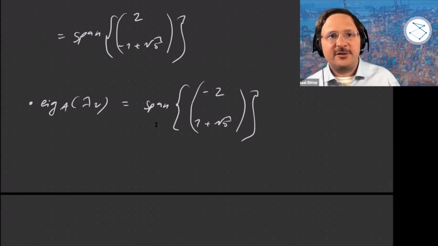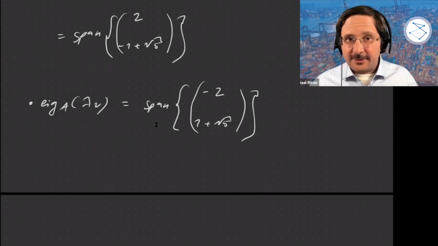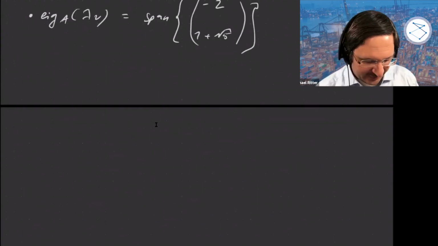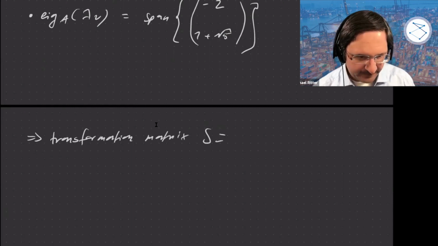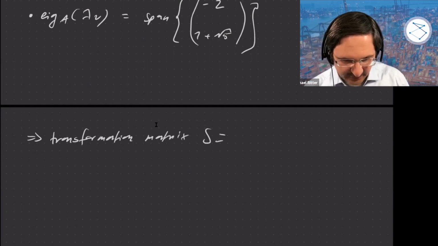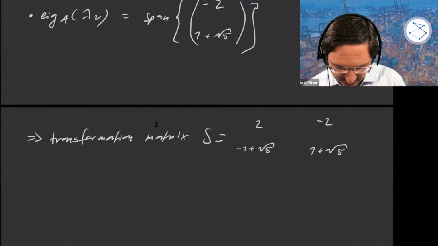So this is the eigenspace for lambda 2. And that means my transformation matrix, let's call it S, is given by 2, minus 1 plus square root of 5 and minus 2, 1 plus square root of 5.